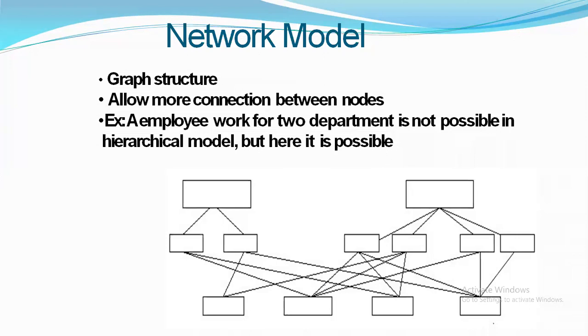This network model is very complex to implement because we are using linked lists. Once a link has failed, it is very difficult to establish the link again and very difficult to find the problem. These are the disadvantages. That's why we are not using this model.